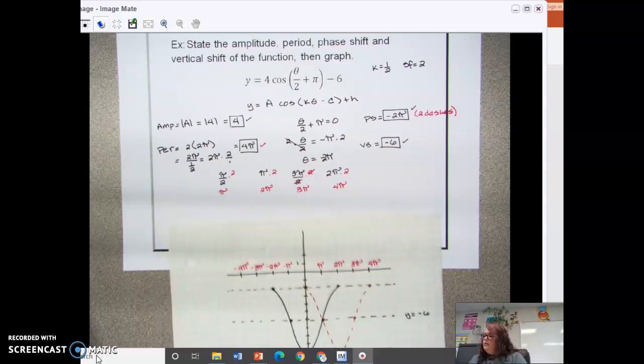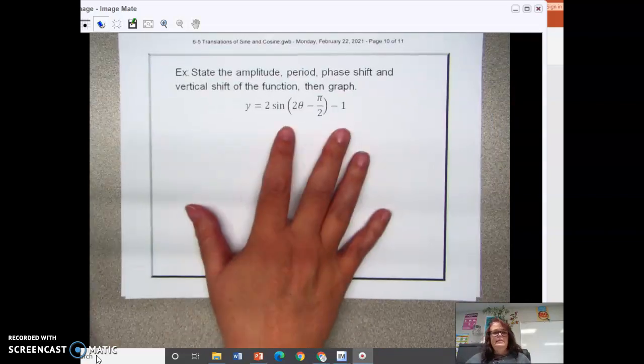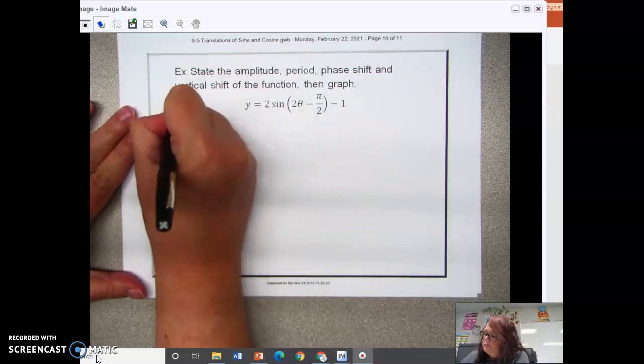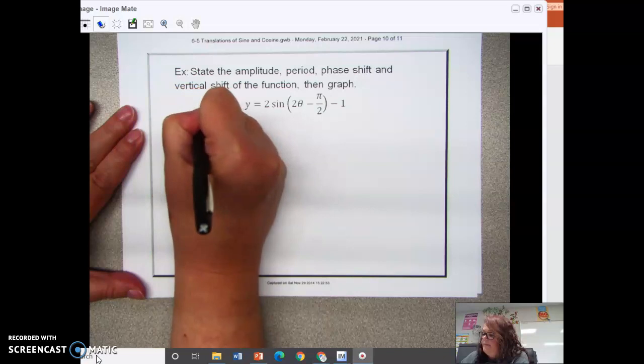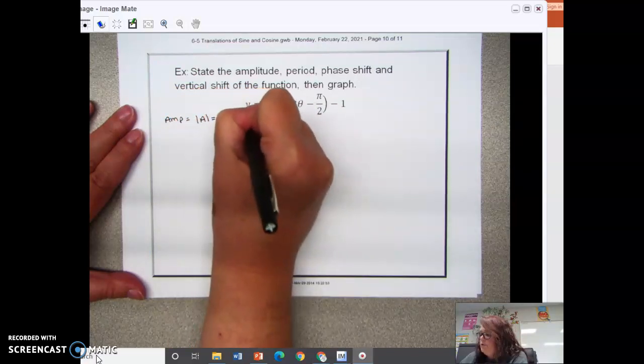All right, so then looking at the next problem, take a moment to see if you can find the amplitude, the period, the phase shift, and the vertical shift of the function. So you'll notice that the amplitude is going to be the absolute value of A, so that's going to be the absolute value of 2, which is just 2.